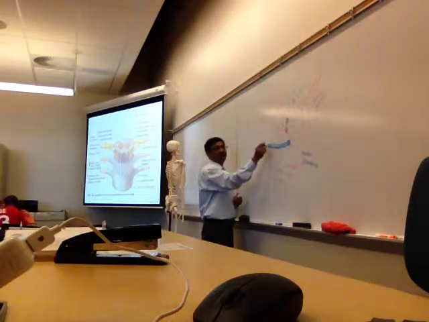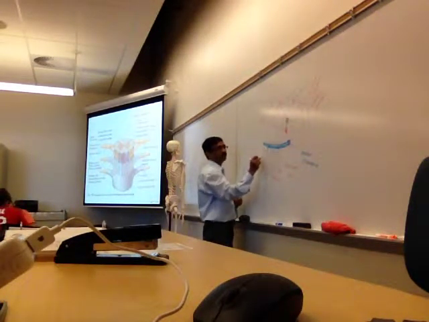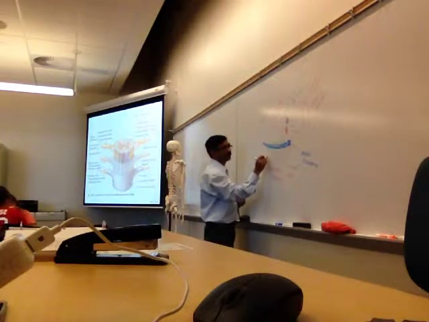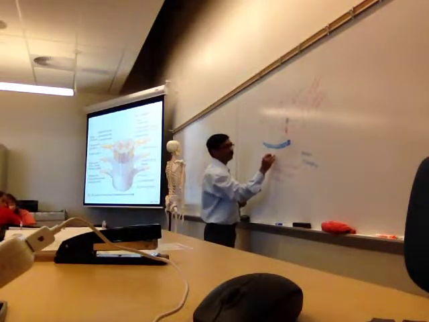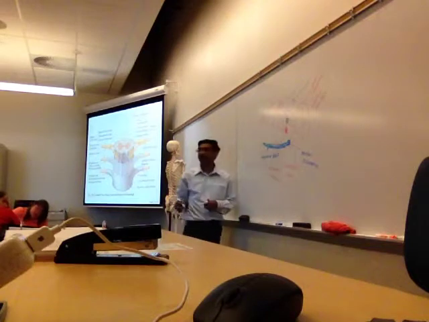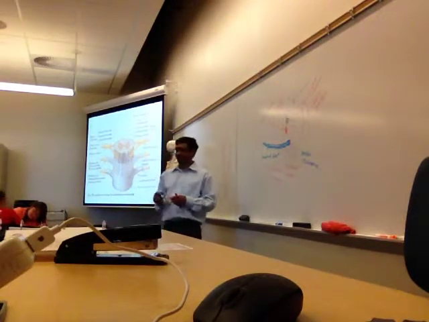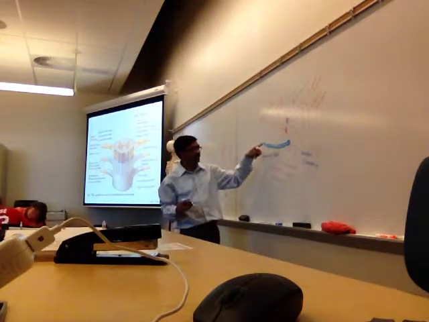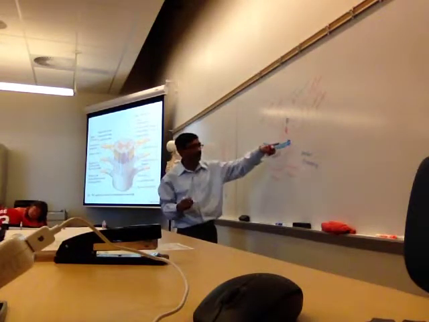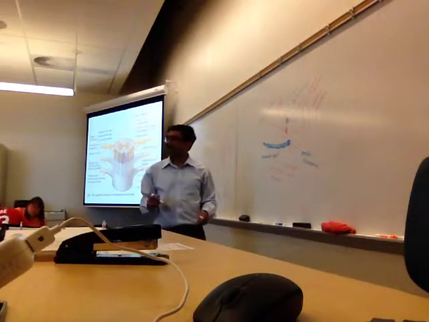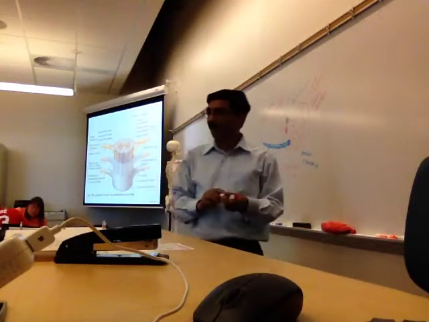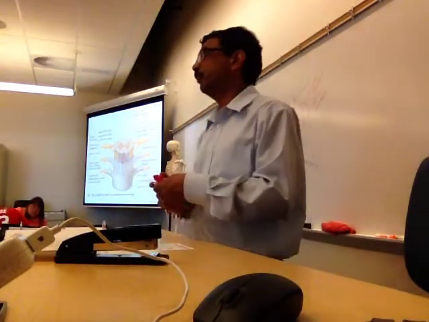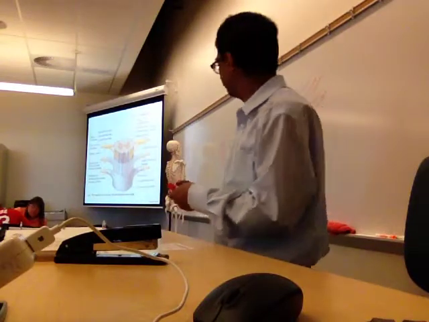And they bundle together and form the ventral root. So, from the ventral horn motor neurons, the axons or fibers arise and bundle together and form ventral root.